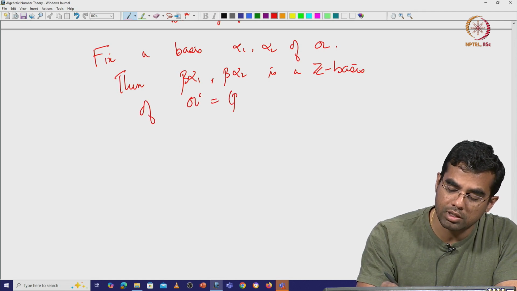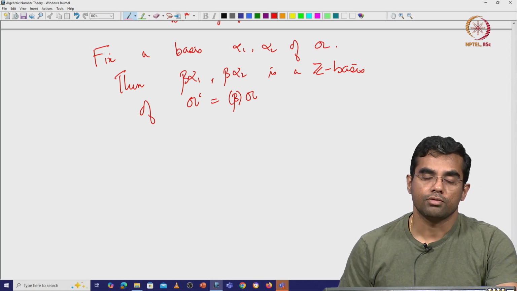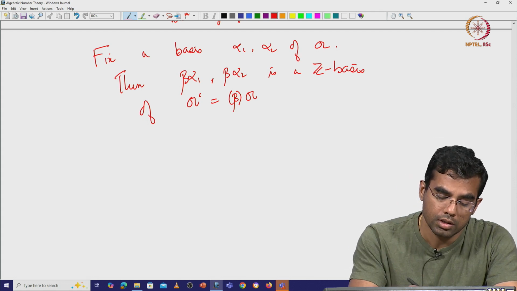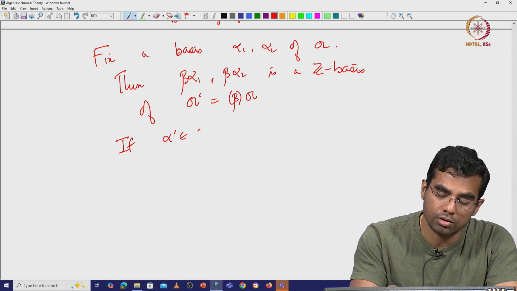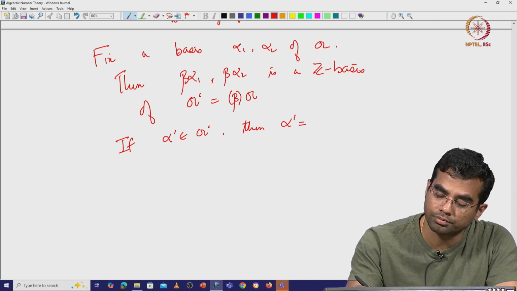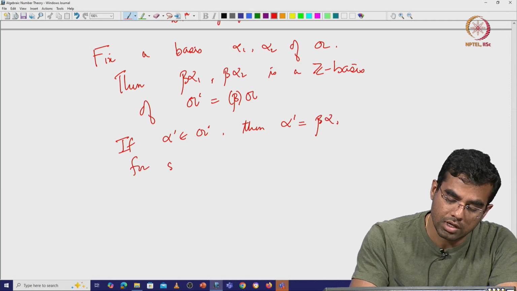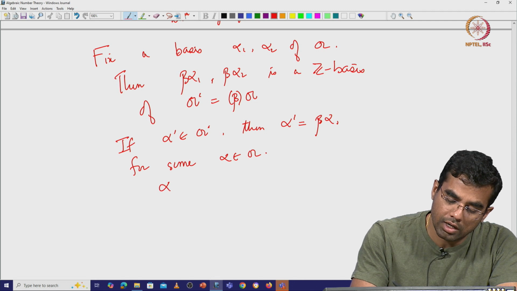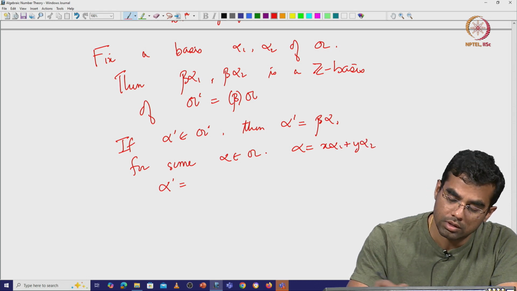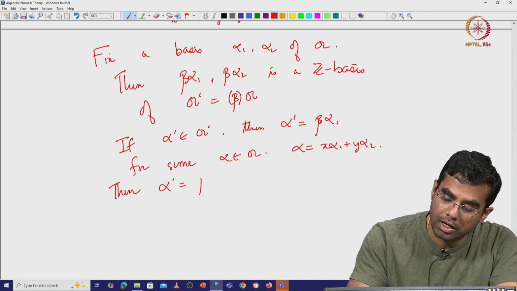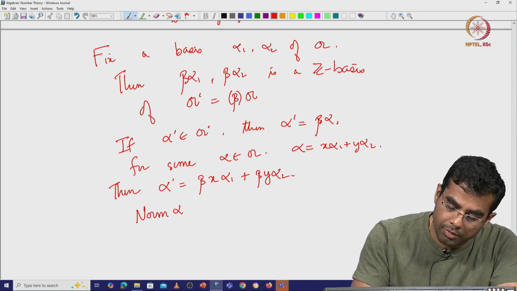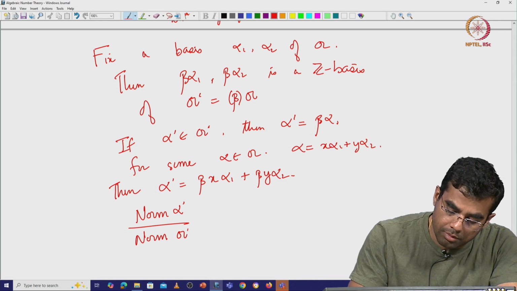Recall that A prime was beta times A. So, if alpha prime belongs to A prime, then alpha prime is equal to beta times alpha for some alpha in A. And if you write alpha as x alpha 1 plus y alpha 2, then alpha prime is beta x alpha 1 plus beta y alpha 2, and then the norm of alpha prime divided by the norm of A prime squared.